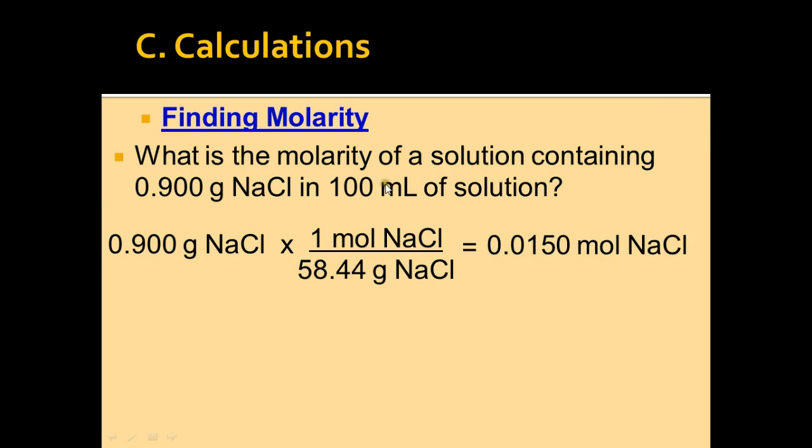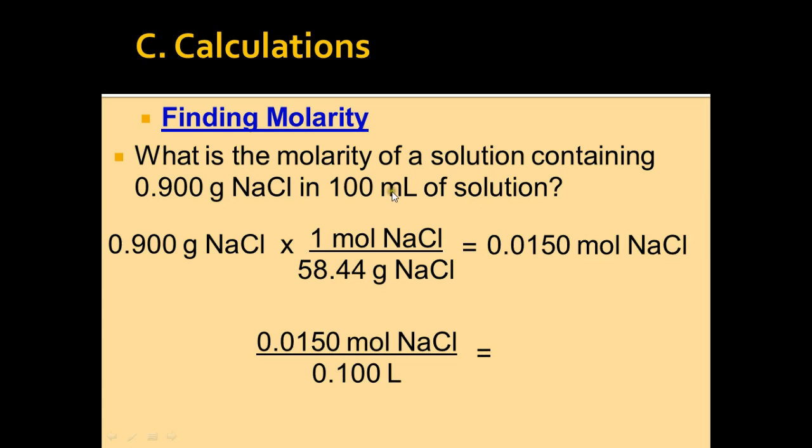Now we need liters. We can convert 100 milliliters into liters just by moving the decimal place. Remember from way back at the beginning of chemistry, we learned converting from milliliters to liters. A milliliter is a 1,000th of a liter, so we just move the decimal place 3 places to the left, and we get liters.